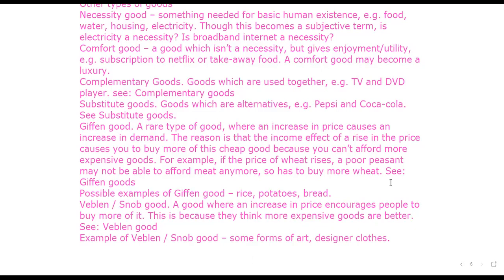Elasticity is a sensitivity attained because of the other type of good. We have three types of elasticity, if not four: price elasticity of demand, income elasticity of demand, and cross price elasticity of demand. I'll look at this in the next session.